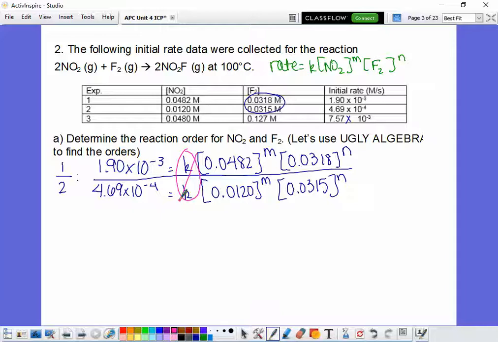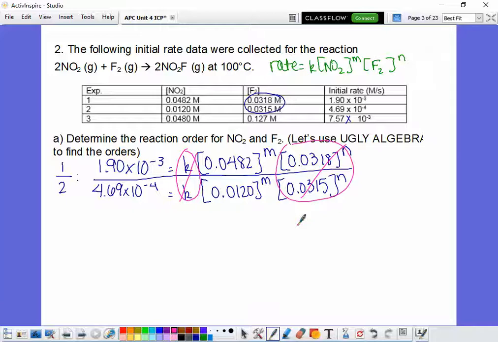Does anything else cancel out? Yeah, this part. Because these are roughly the same, that's going to be practically 1, so therefore this goes away. So all we're left with is the rate equals this over this to the m.